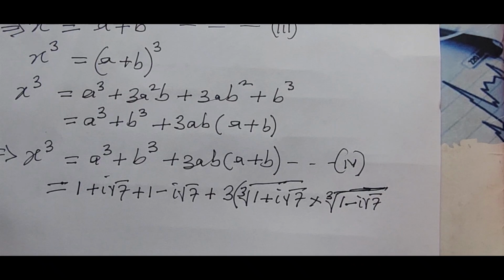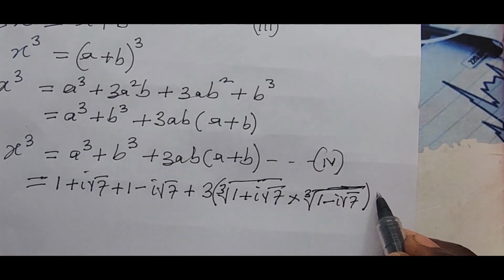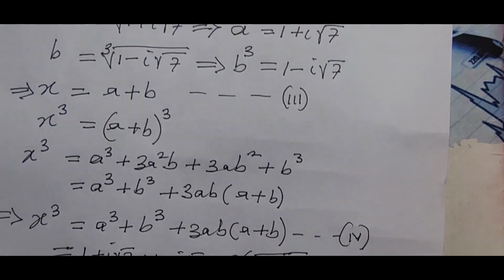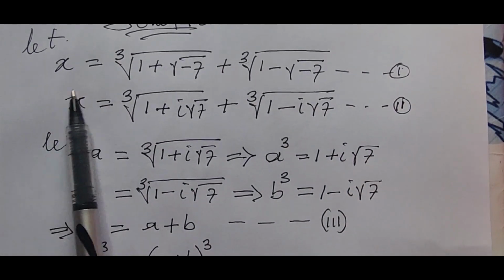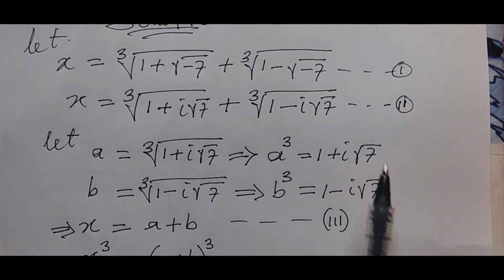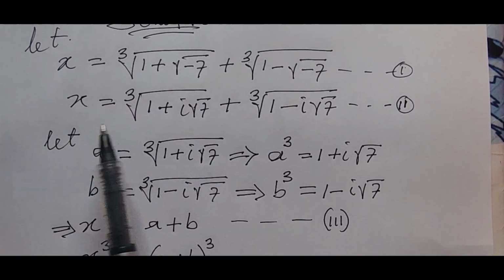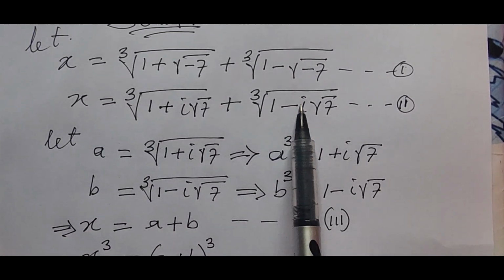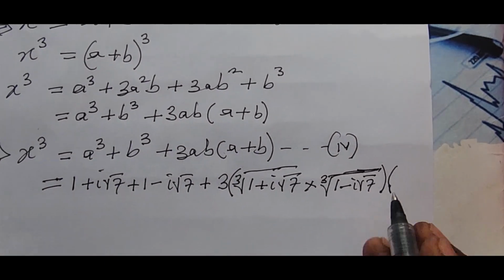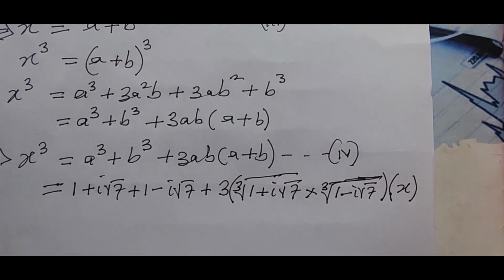All right, so we close the bracket. What is a plus b? A plus b is equal to x. Look at it here. So we can put x in this column here. So here we have this to be our x.